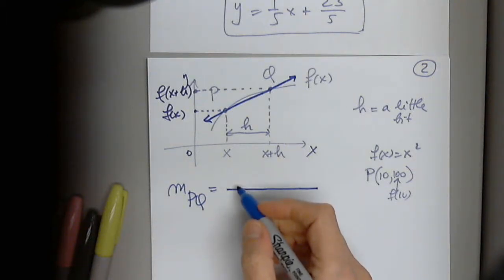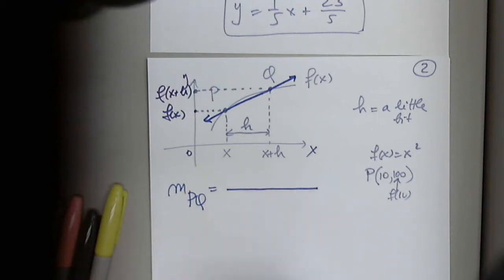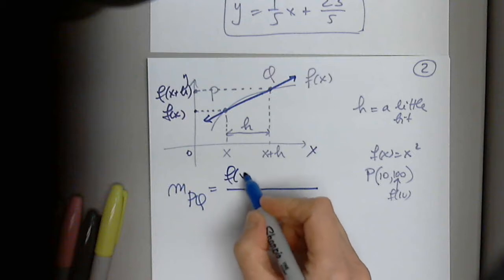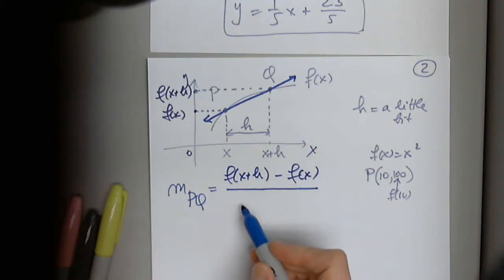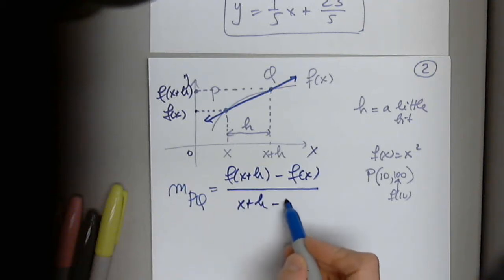It would be f of x plus h minus f of x over x plus h minus x.